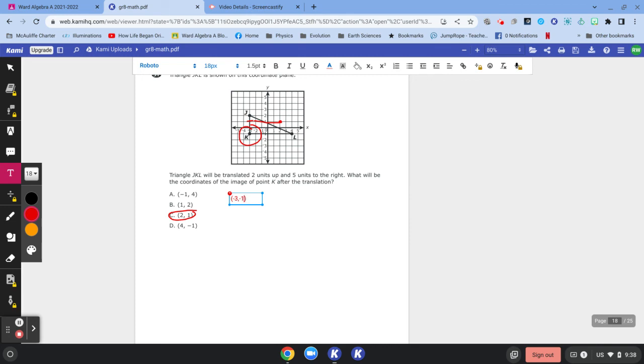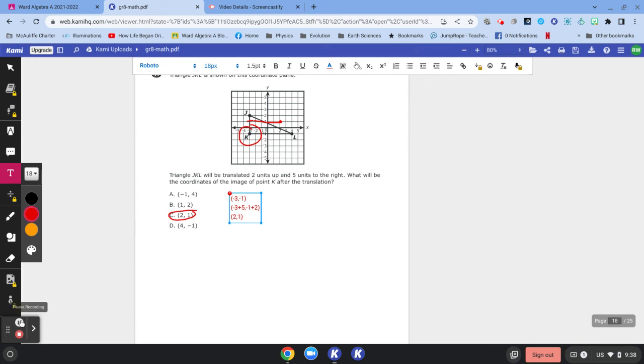And since we are vertically changing by 2, we can add 2 to the y value, and we're horizontally going 5 to the right, which means plus 5 to the horizontal component. And then we can add that up, and -3 plus 5 is 2, and -1 plus 2 is 1, and that is our point. So that's the other way you could approach that.